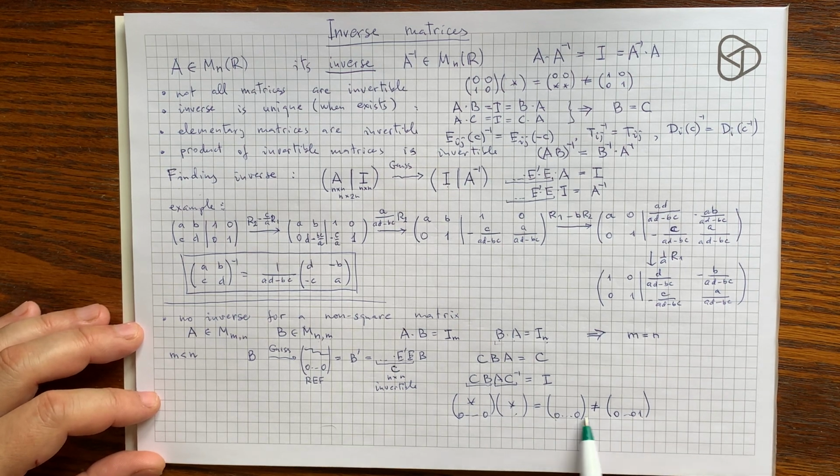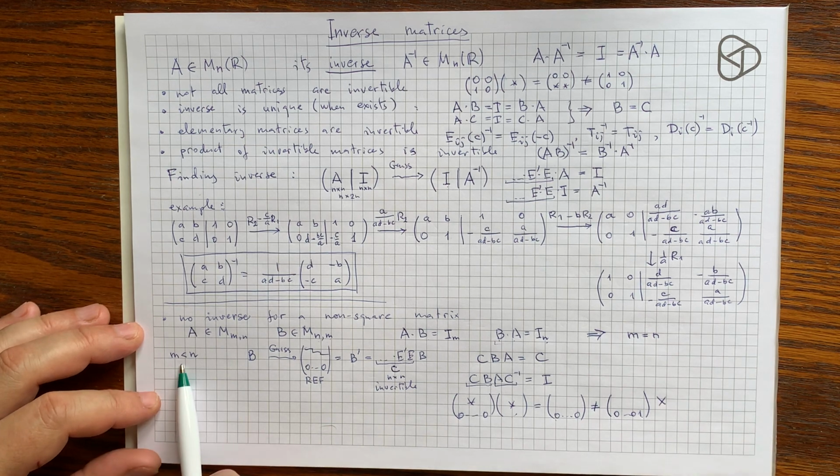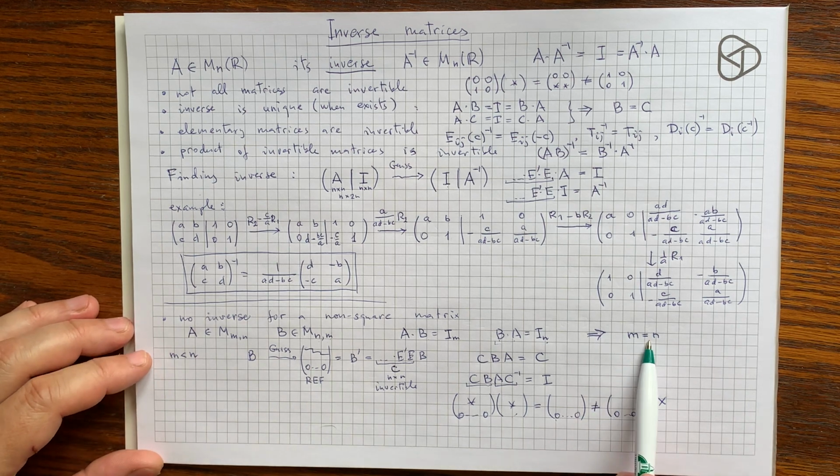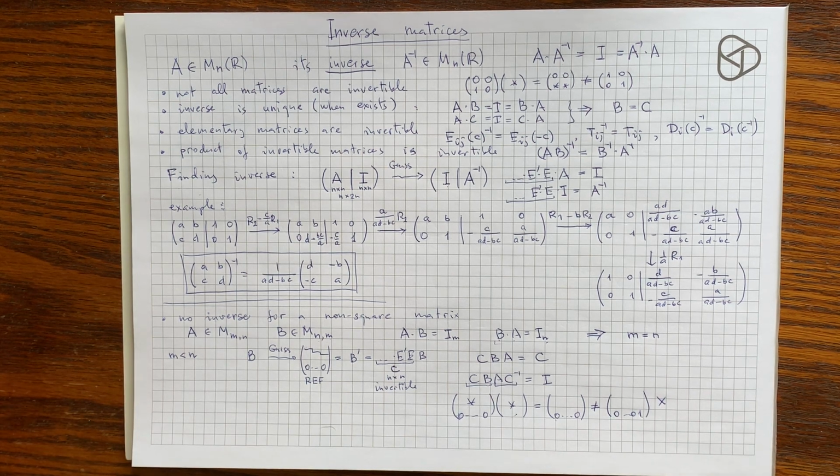Just because of that, the rows are different. This answer will never be possible to make equal to the identity matrix. So we have a contradiction. Contradiction means that what we assumed is impossible. And that's how we can conclude that the sizes will have to be square. That's it for now. See you later.